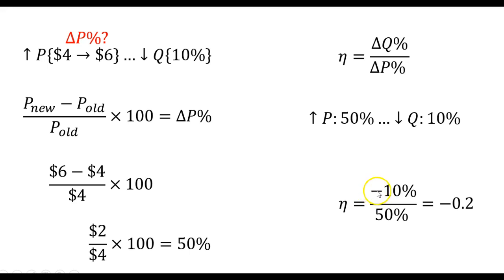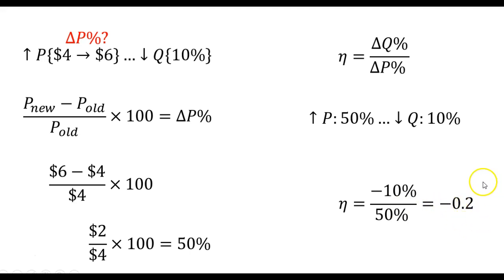So it's a 10% decrease in the quantity demanded due to a 50% increase, so this is positive, a 50% increase in the price. So 10 over 50, which could be reduced to 1 over 5, is negative, because it's a negative over a positive, so this number remains negative, negative 0.2.